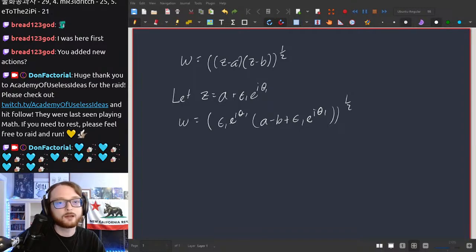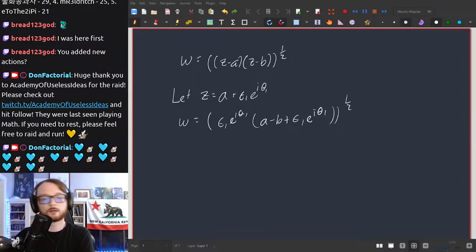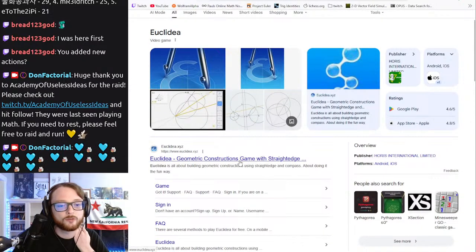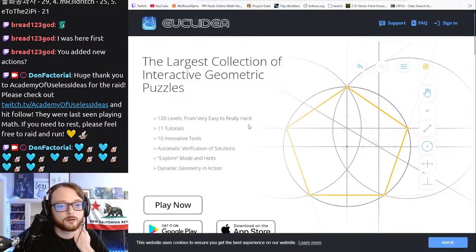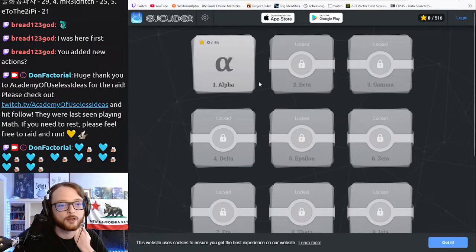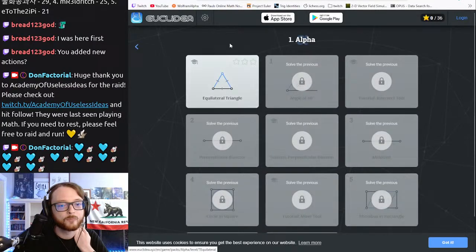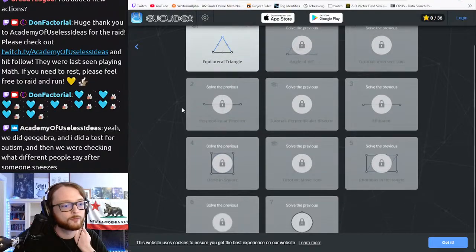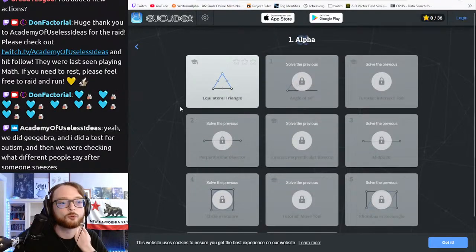It reminded me of Euclidea, which almost reminds me of the natural numbers game, but with geometry, where it kind of gamifies constructing geometry stuff from first principles, and you get more points if you do it with fewer actions.